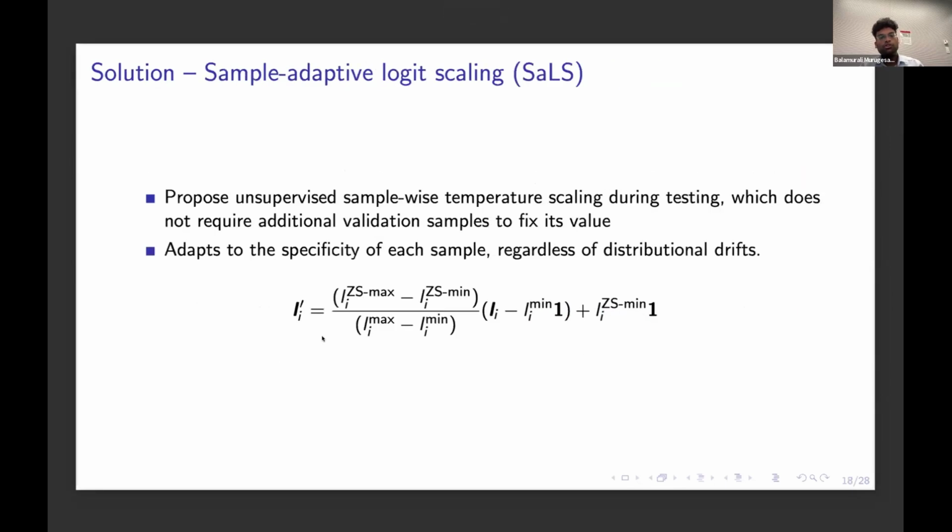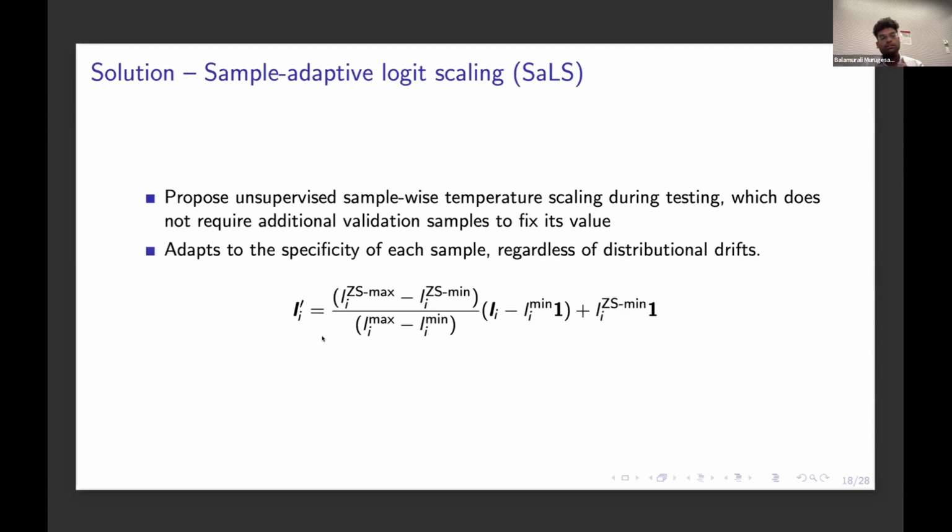And finally, one more solution is sample adaptive logit scaling. The two solutions we discussed earlier are mainly focused on training mode, where you normalize or constrain the logits during training. But what if you don't have access to training? You just have the model, and during inference time you want to do the rescaling. So what we propose is an unsupervised sample-wise temperature scaling.